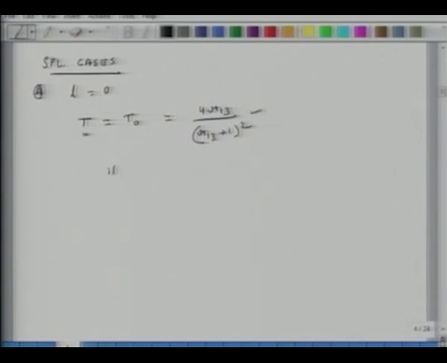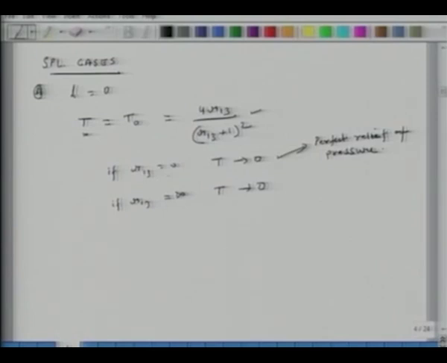Now if R13 equals 0, then T is 0, and also if R13 equals infinite, then T is again 0. This is the case when you have perfect relief of pressure. So as sound is moving from first medium to the third medium, because second medium is just not there, the pressure just gets perfectly relieved.